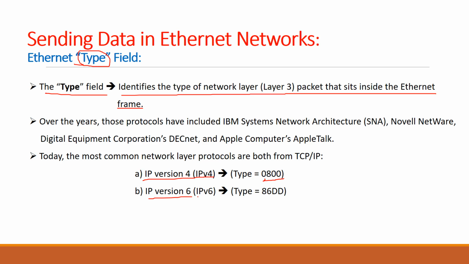If it is IPv6, the type field will be 86DD. Today, the most common network layer protocols are IPv4 and IPv6. The old IBM systems network architecture used a different value, but recently we use only either IPv4 or IPv6.